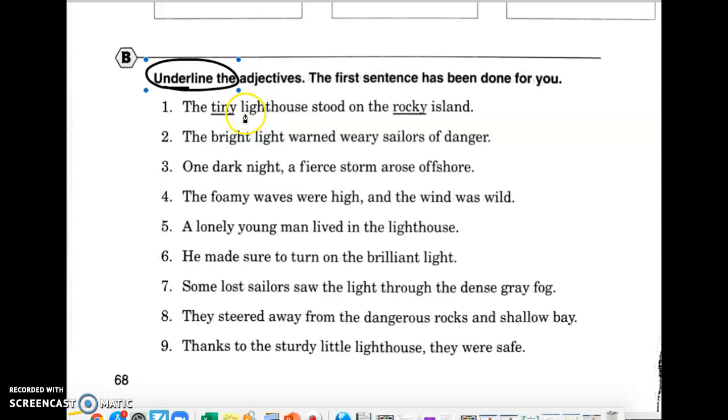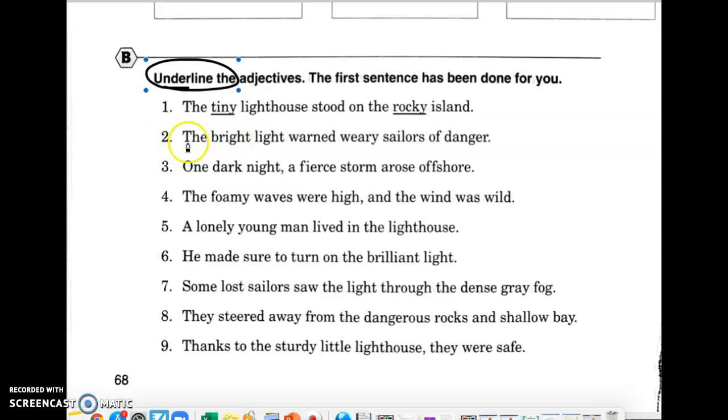Our nouns here are lighthouse and island. The word tiny is our adjective that describes our lighthouse, and it helps to make it more clear. Rocky helps to describe or define our island. That's our adjective for island. So these are our two adjectives in our sentence: tiny, lighthouse, and rocky, island.